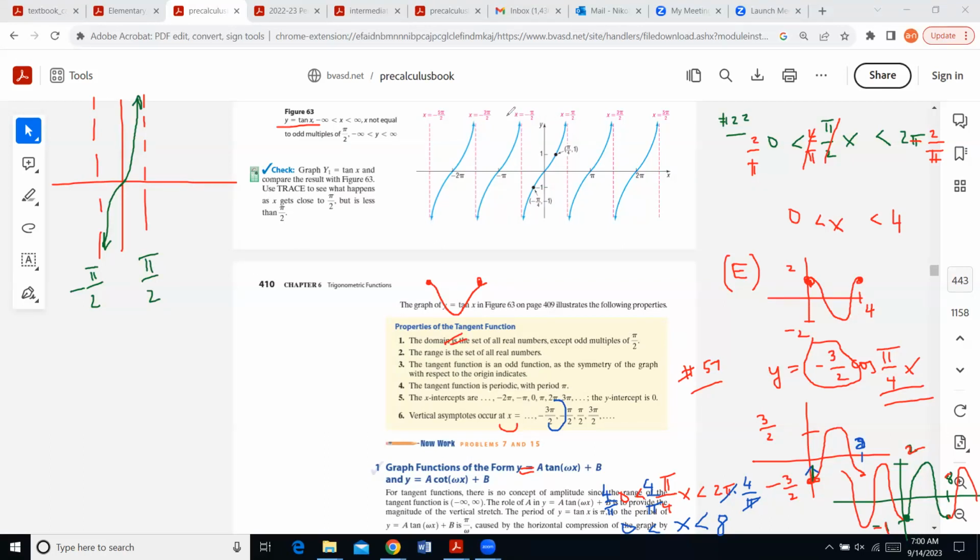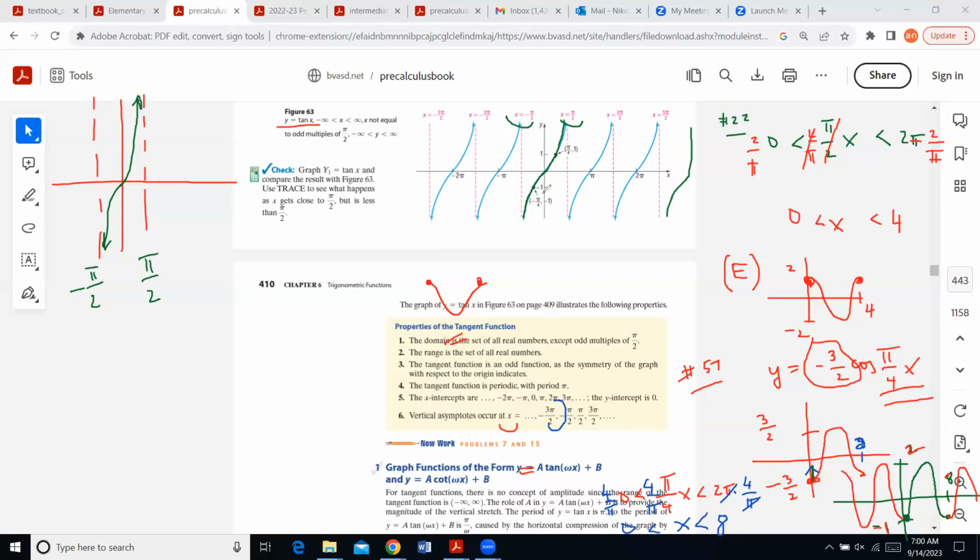So if I take a piece in between negative and positive pi over 2, this will be the piece here, and it will repeat to the left and to the right. Again, it should repeat infinitely many times, but we'll repeat it just a few times.